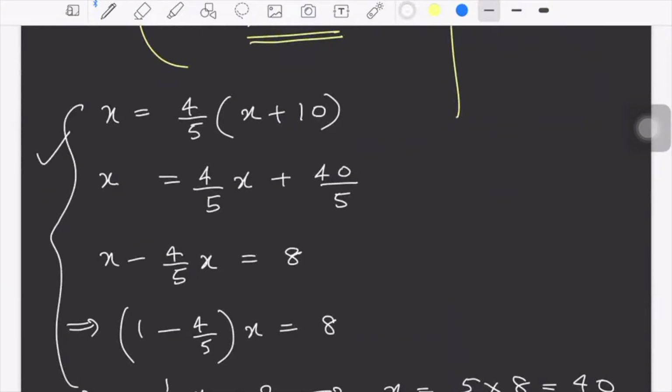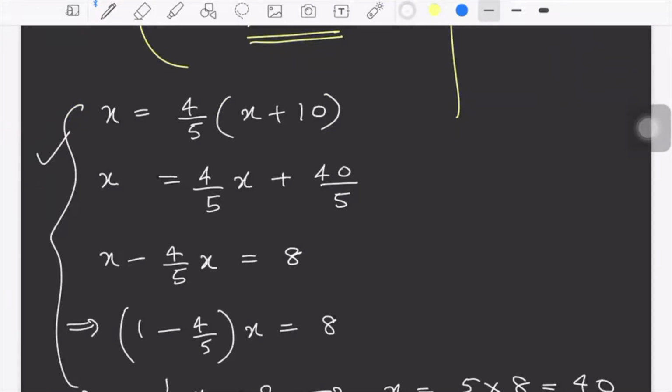How do you get this logic? What do you think? See, that comes through practice only. There's no other magic.